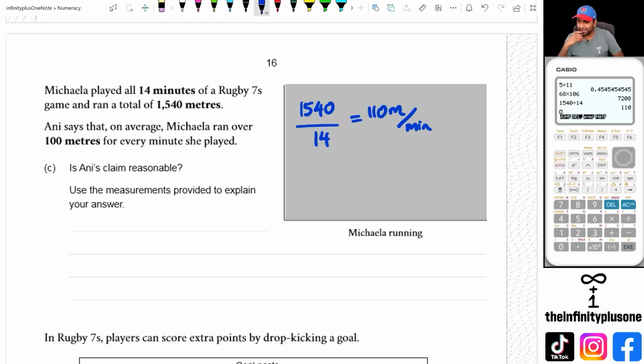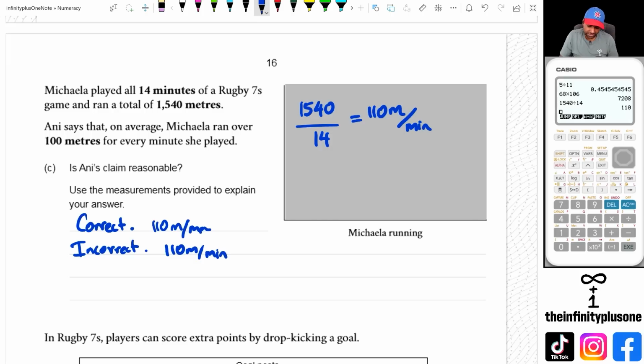You could say she is correct because she said on average she ran over 100 meters per minute, and she is running at 110 meters per minute. The other one you could say is she's actually incorrect because she is running 110 meters per minute and not 100 meters per minute.